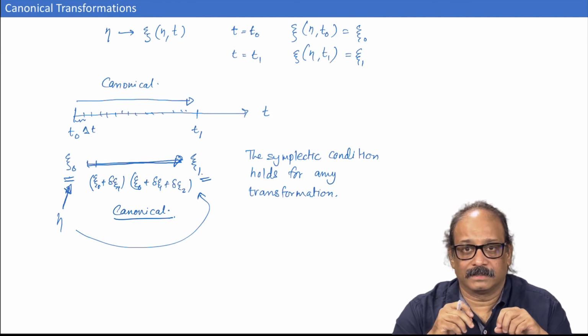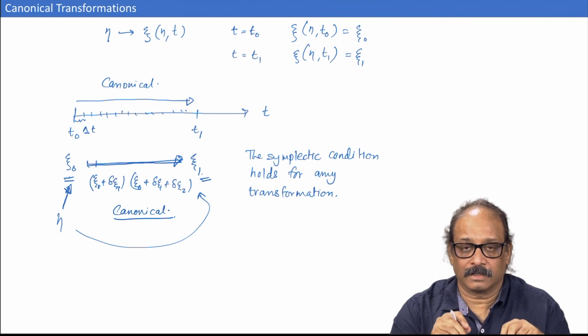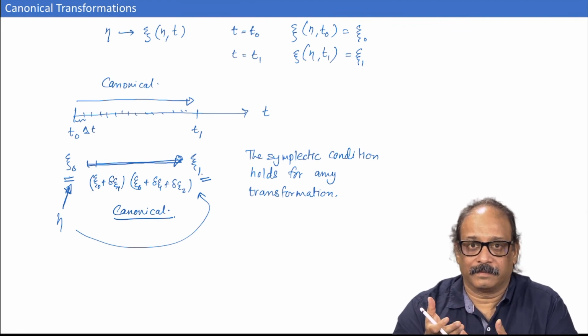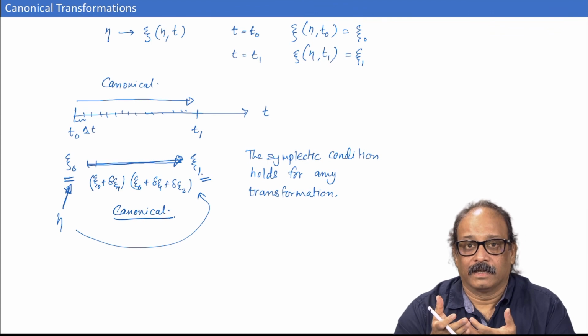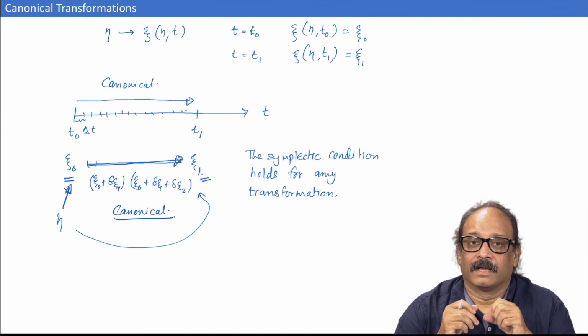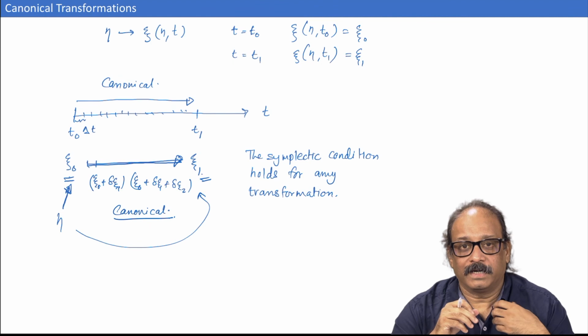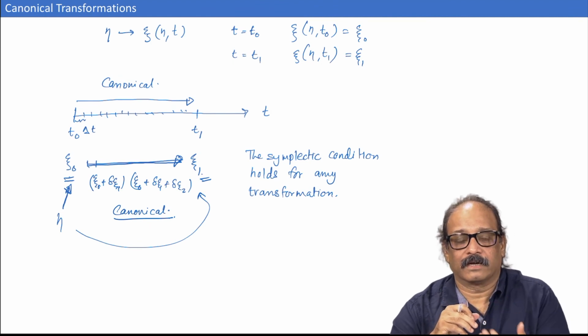It does not matter whether the Jacobian matrix is time dependent or not, which means whether the transformations are time dependent or not. Okay. In the next class, we will look at what remains invariant when you have a canonical transformation.